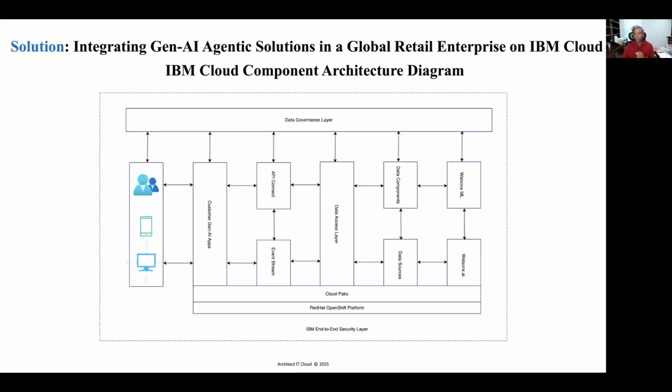So let's get into the component architecture diagram. If you look at this diagram, we know that the data comes from different sources, either from the agent or over the mobile phone or desktop applications, wherever it may be. Once the data starts from this type of application, your retail company will have this custom GenAI application to receive this type of data.